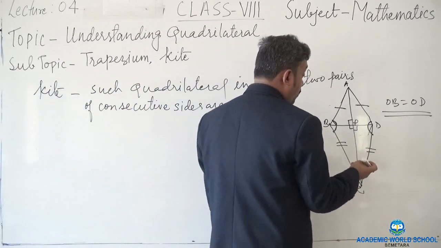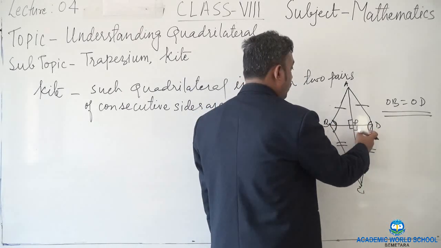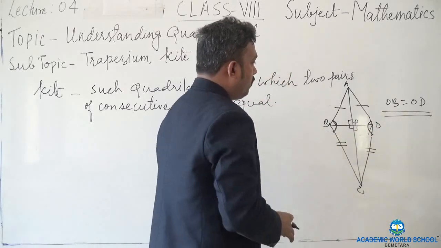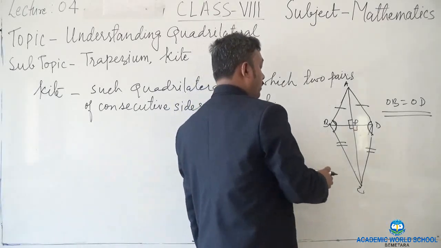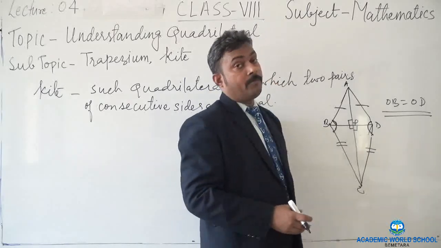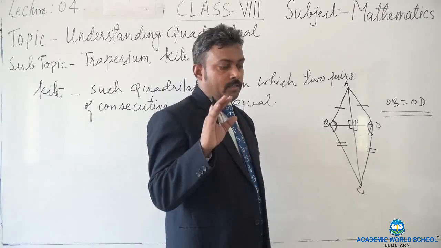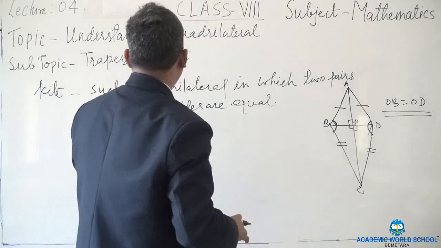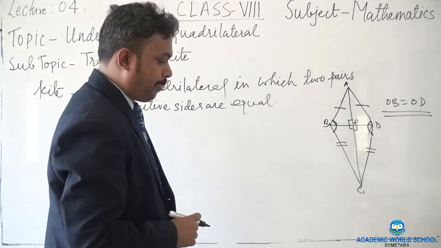Angle property: this angle is equal, angle B equal to angle B. Then diagonal related property: diagonals are perpendicular to each other, and another property is one diagonal bisects the other diagonal. Okay, so these were the properties related to the kite and trapezium.